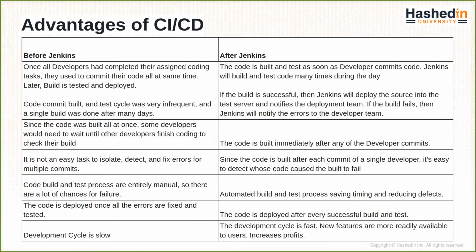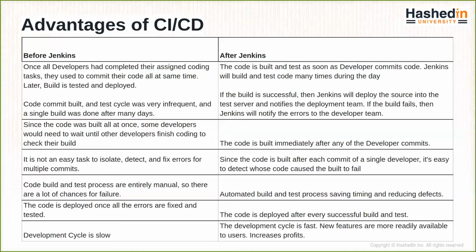There is a lot of time wasted, and the developer gets bored. After Jenkins came, as soon as the developer checks in the code, Jenkins will pick the code and deploy it. If there are any new check-ins, they will be in the queue, and when one finishes, the next will get started immediately.